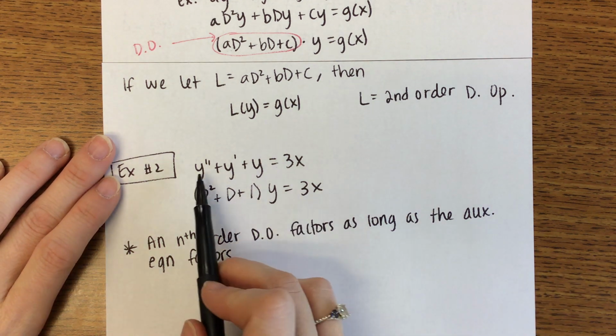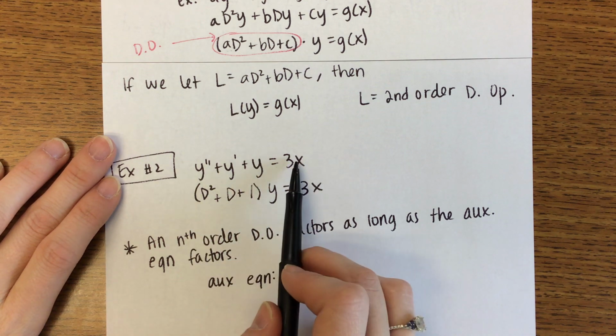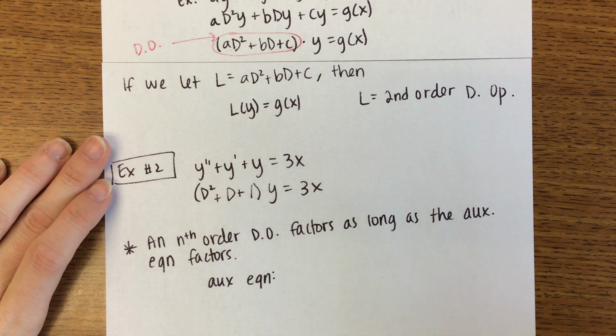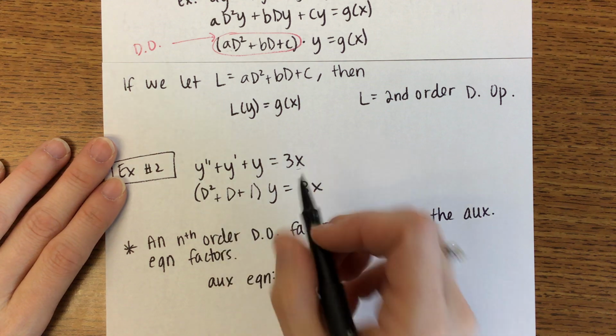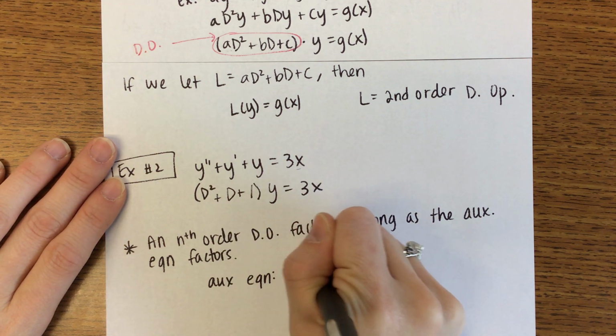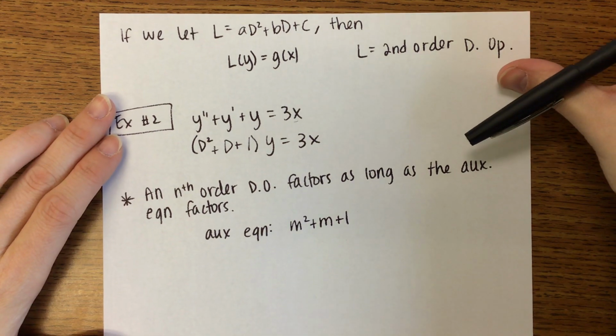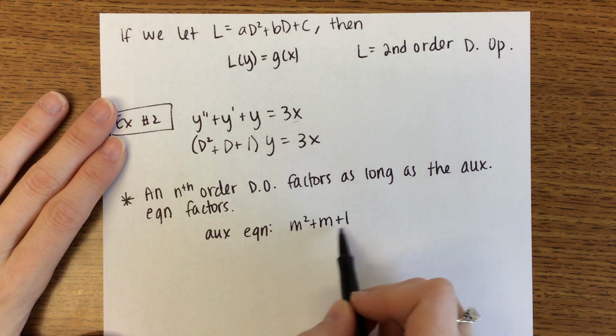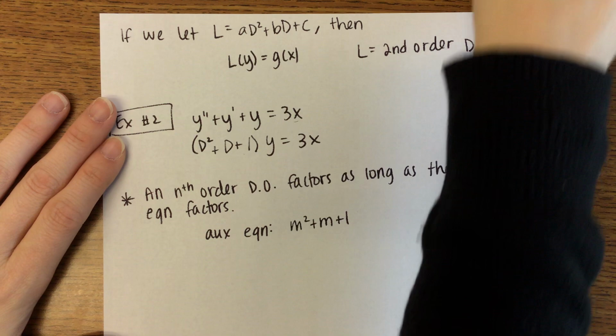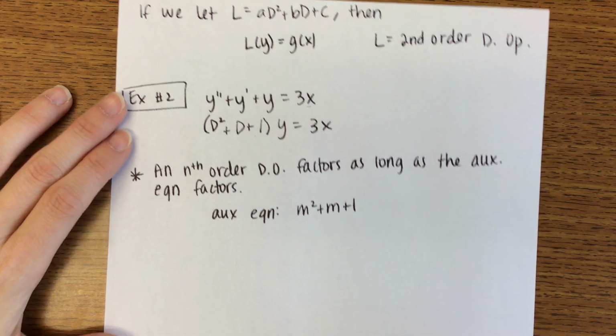So the auxiliary equation for this one, again, you're going to treat it like it's homogeneous, so ignore the 3x, is m squared plus m plus 1. This doesn't factor, hence that differential operator will not factor.